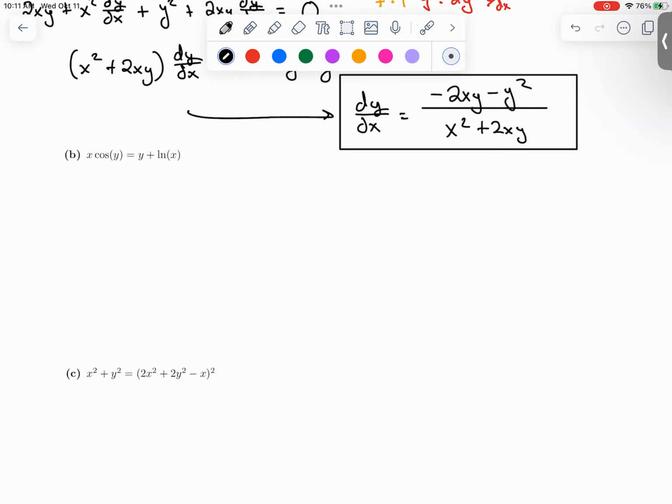So this one, we're going to take the derivative of both sides. So d/dx of both sides: x cosine of y plus ln of x. And on an exam, I don't need to see that step, by the way.